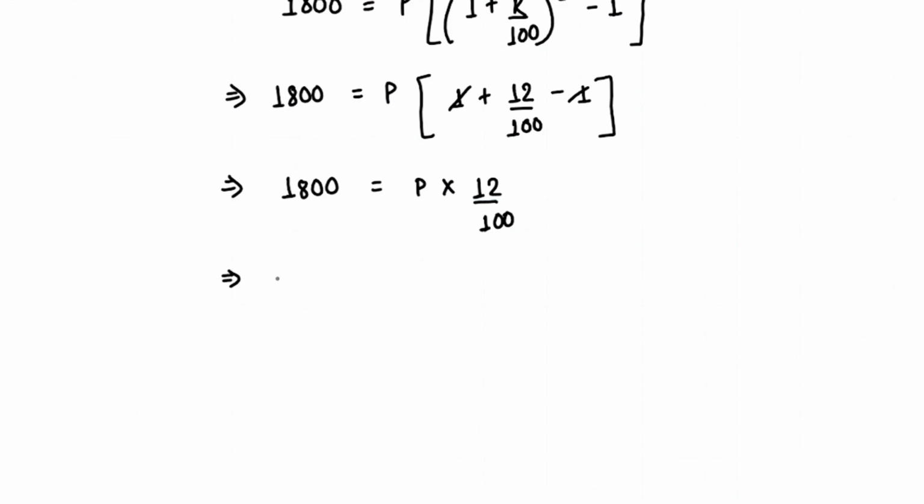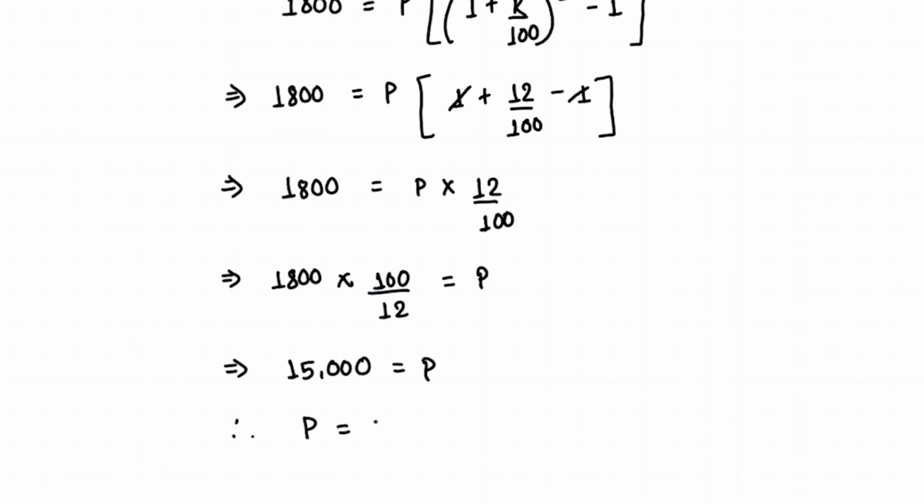Now when that 12 by 100 comes to our left side, it's going to be 1800 times 100 by 12 is equal to P. And when you multiply this and divide it by 12 in your calculator, you are going to get 15,000. And therefore, our principal amount or the sum is Rs 15,000.